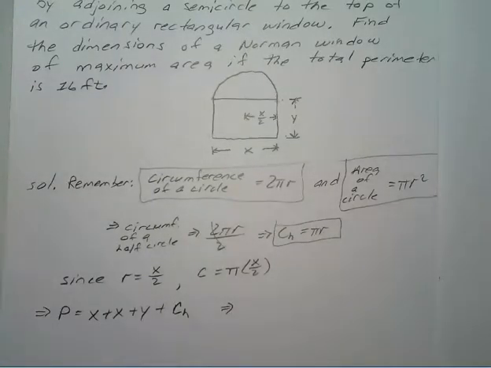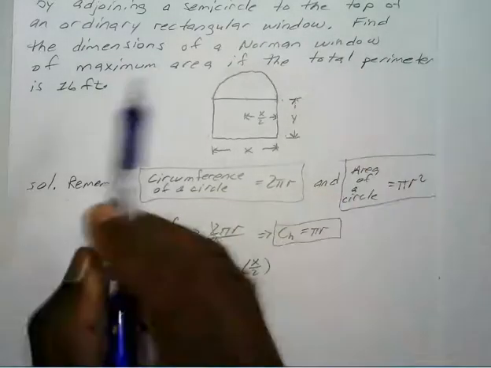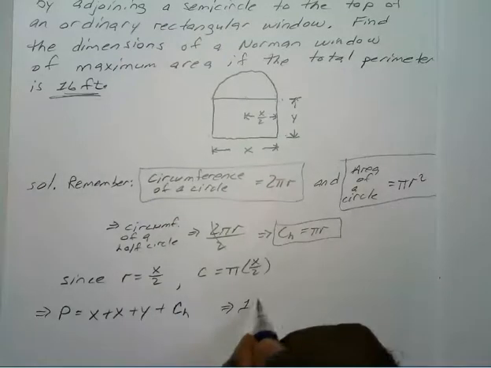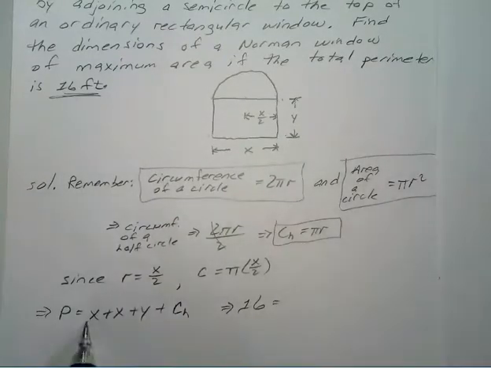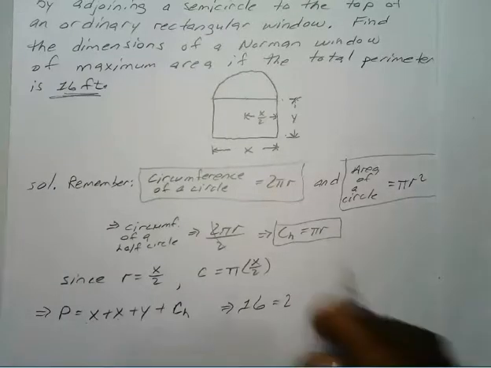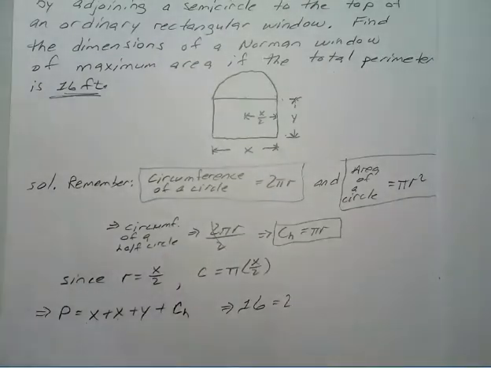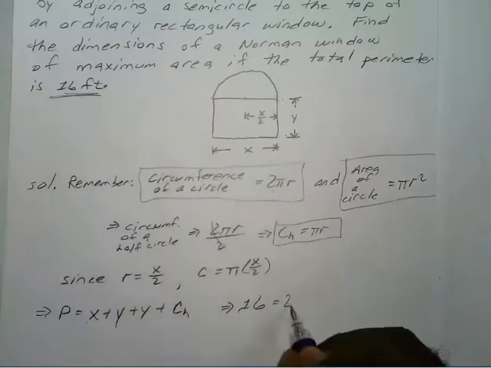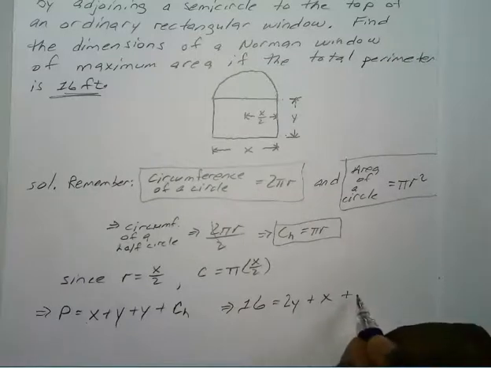Now just to simplify that, remember the total perimeter is 16 feet. So you have 16 equals x plus x, which is 2x. I mean, it should be 2y. Sorry about that, I'm glad I caught that. So it should be x plus y plus y. So that should be 2y plus x plus pi x over 2.